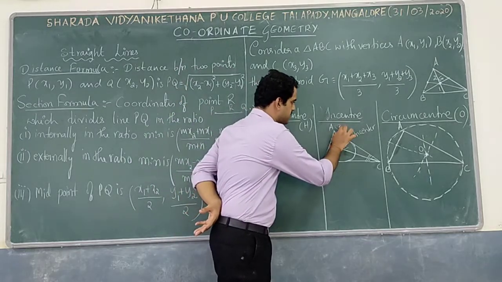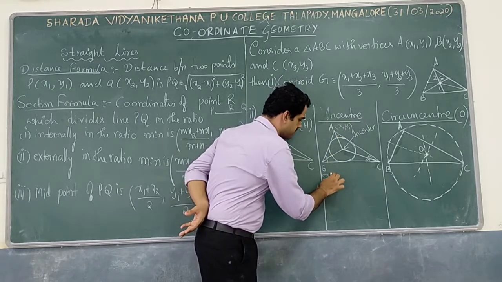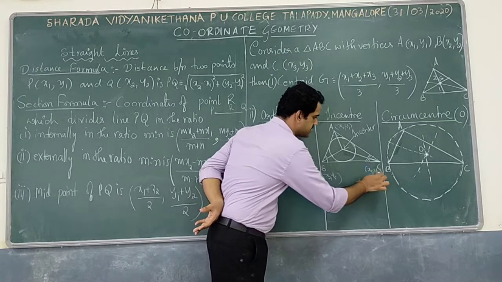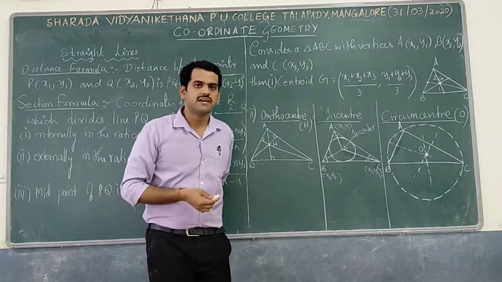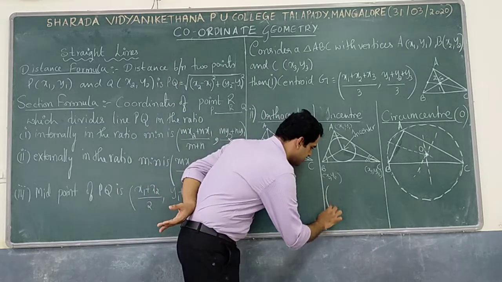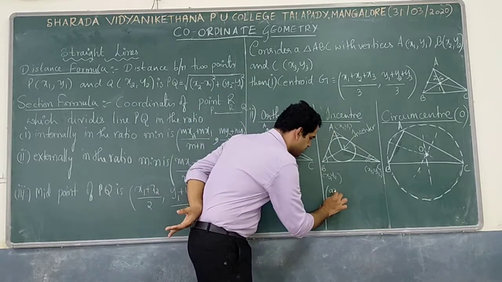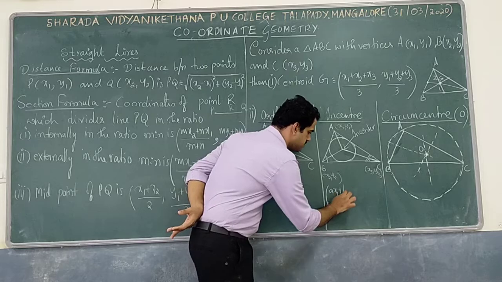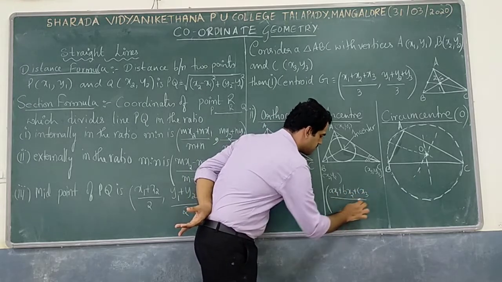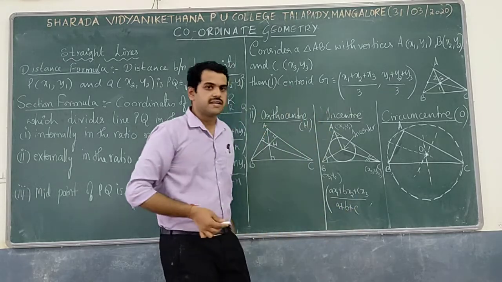Suppose the coordinates are x1, y1, x2, y2, and x3, y3. There is a direct formula to find the incenter of the triangle. It is given by a into x1 plus b into x2 plus c into x3 divided by a plus b plus c. This is going to give the x coordinate.